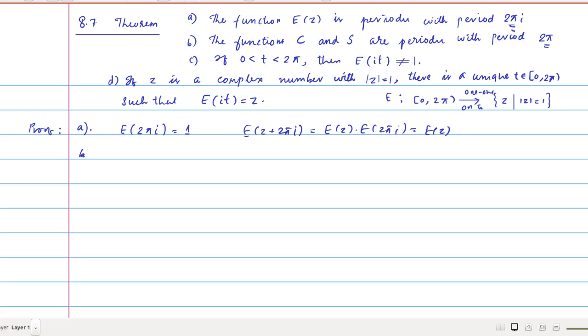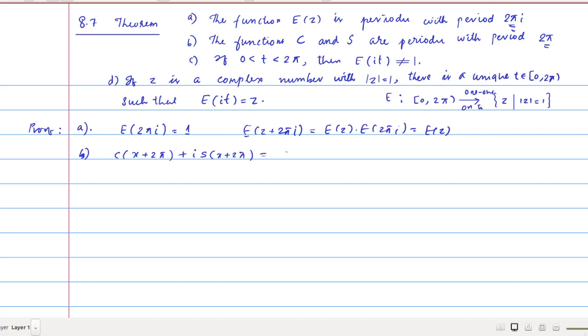Proof of the second statement: the functions c of x and s of x are periodic with period 2 pi. For that we consider c of x plus 2 pi. We will prove that c of x plus 2 pi and s of x plus 2 pi are the same as c of x and s of x respectively. So we start with c of x plus 2 pi plus I times s of x plus 2 pi.